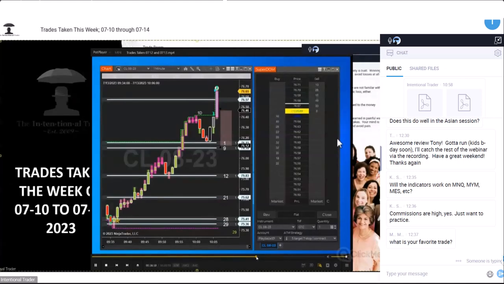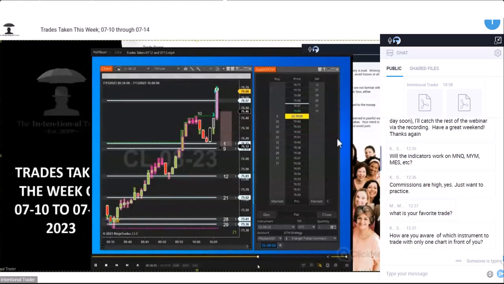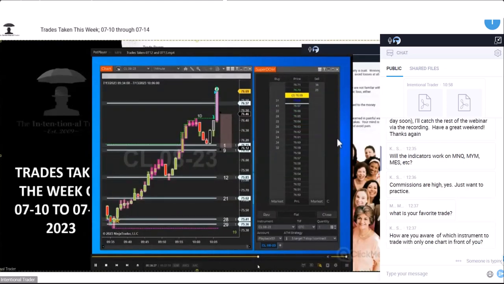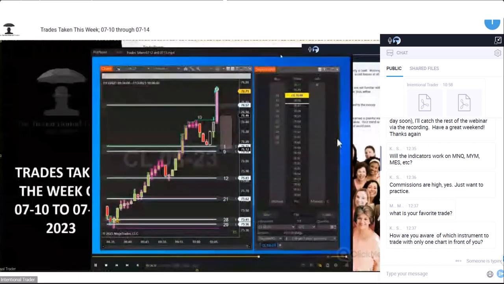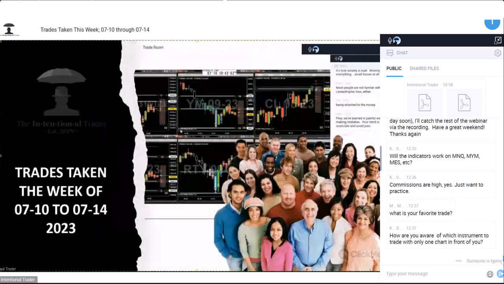My favorite trade is going to be either the Rockstar or Naked Rockstar, both of those. The more confluence, the better. We trade 6. This is what we're looking at. 1, 2, 3, 4, 5, 6. This is our trade room right here.